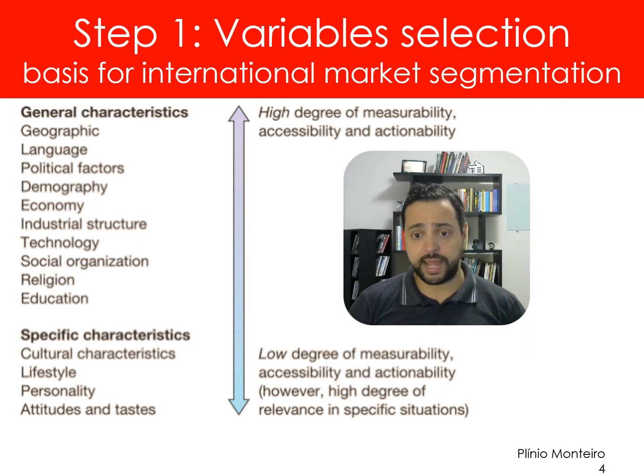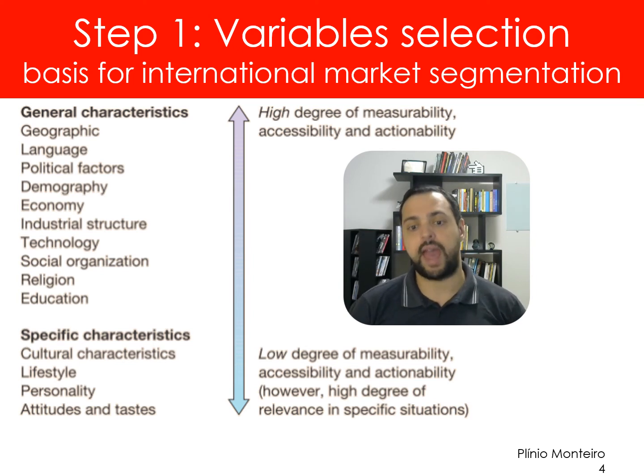But on the other hand, if you look at the specific characteristics, usually they are very difficult to measure, and it's not so easy to obtain these variables like cultural characteristics, or it's not so cheap to access these variables, and sometimes it's not so easy to transform the segments of countries based on these variables into specific actions or practices in your business. However, these are the variables that will have a higher level of relevance when you deal with customer behavior.